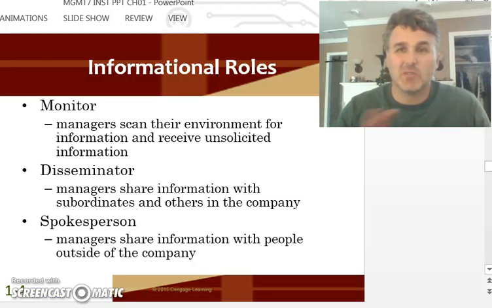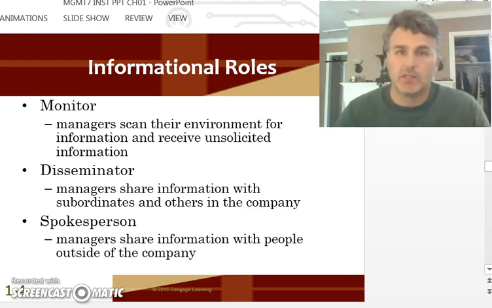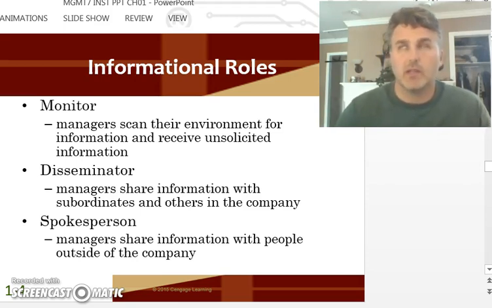Okay, informational roles. You're scanning the environment for information. And we're going to get more into environmental scanning later when we're looking at strategy. But that's one of your jobs as a manager. Then disseminating, sharing as much information as you can with your employees. And also act as a spokesperson for people outside the company.